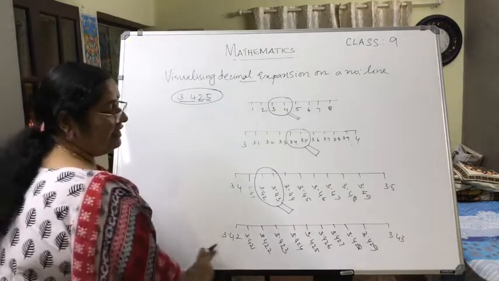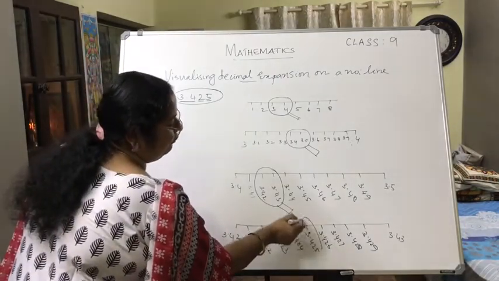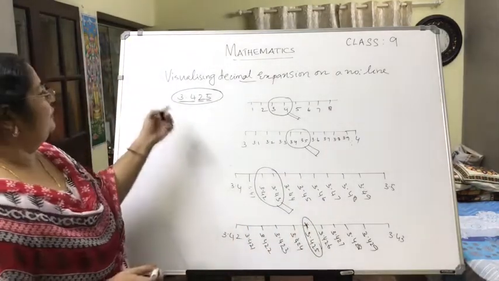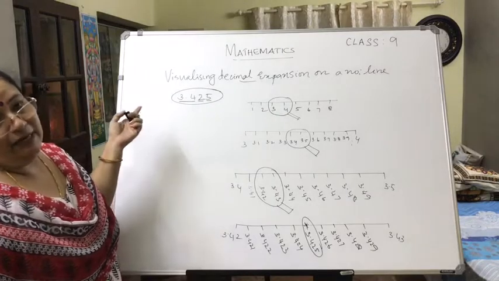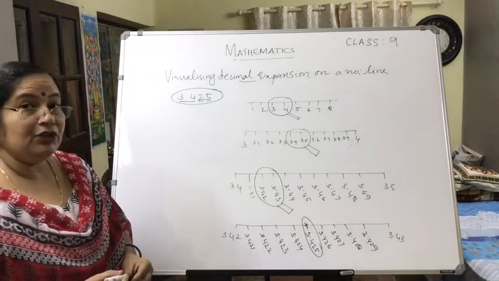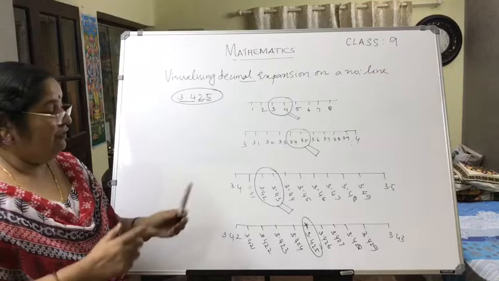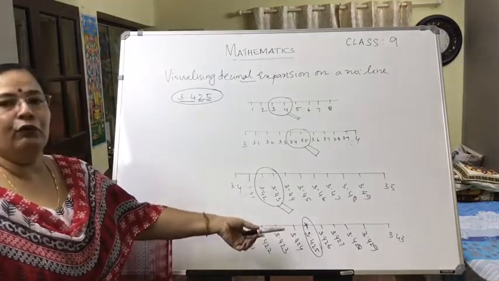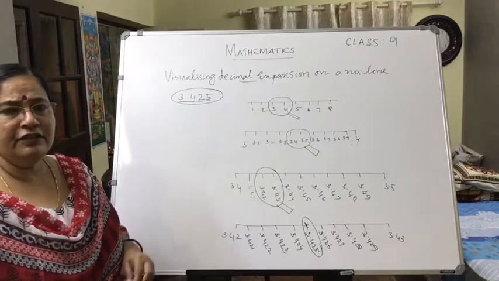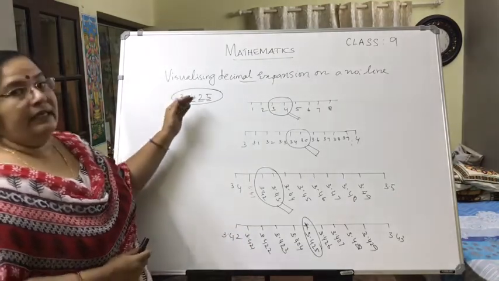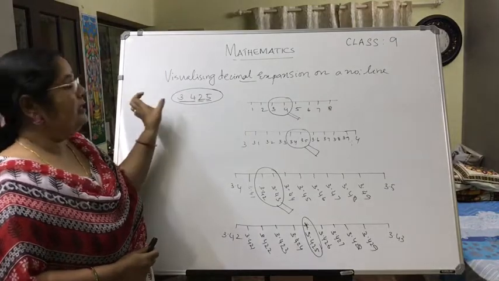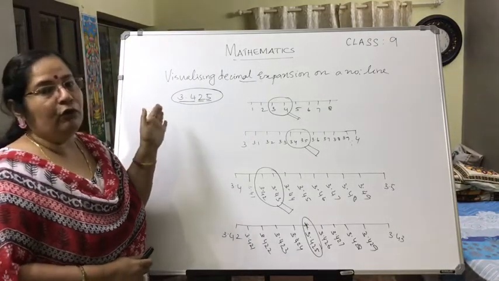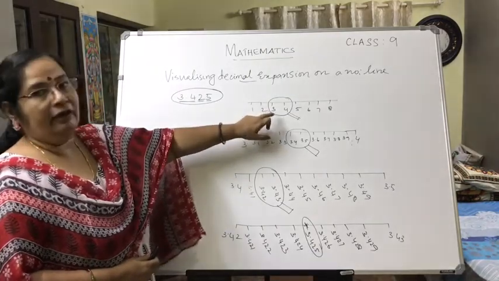Now let us see what is the expansion given. 3.425. Where is it coming? This will be the representation of this terminating decimal expansion on the number line. We have visualized this will be the position for 3.425. Have you understood? I'll say this once again. 3.425 means first you will see 3.4. 3.4 will lie between 3 and 4.